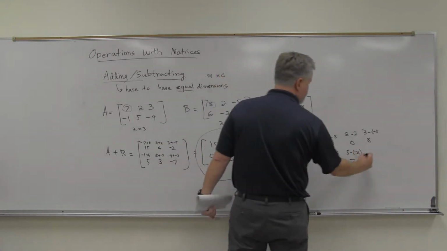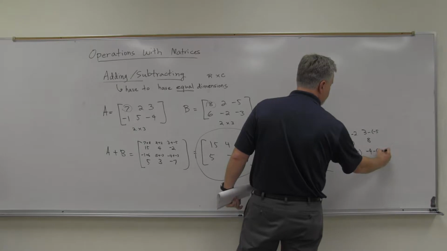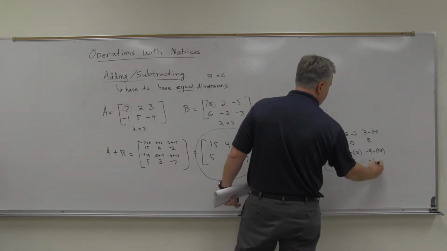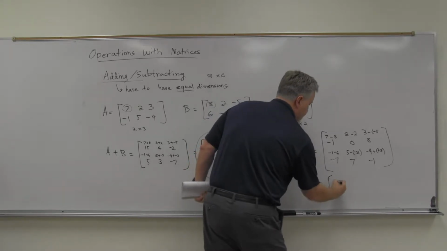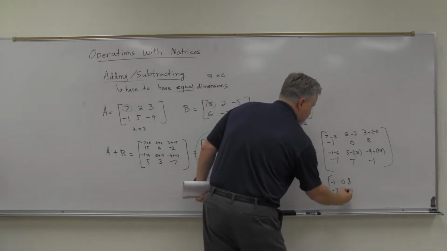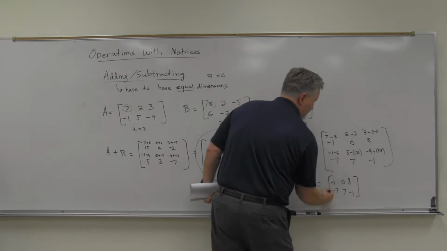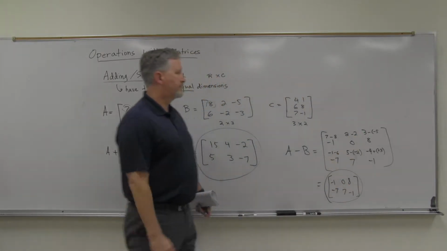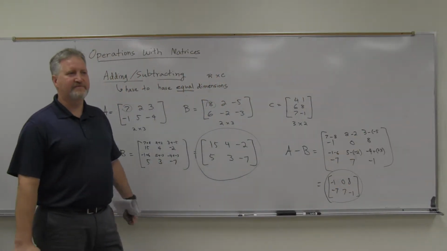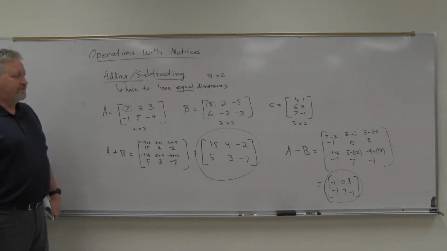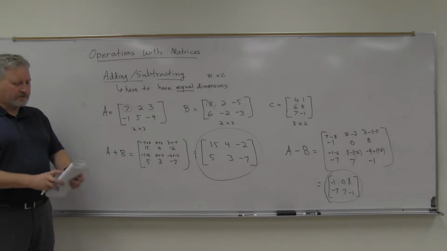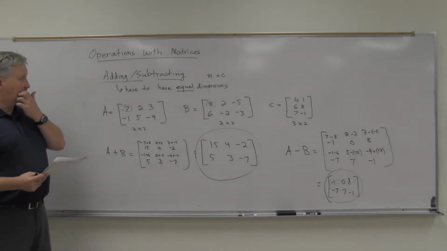And then negative 4 minus negative 3, negative 1. So it's negative 1, 0, 8, negative 7, 7, negative 1. And you don't have to write all that stuff. I'm just writing it out so you can see what we got there. Okay? So adding and subtracting is fairly nice.